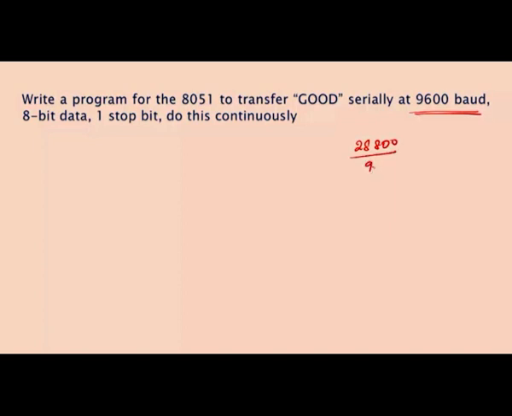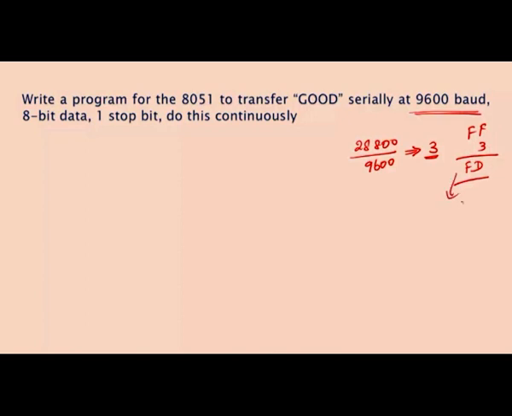This value divided by 9,600 gives 3. The 3 should be subtracted from FF. Repeat, FF minus 3 gives the value FD, that is F, E and D. So 3 values are reduced and you get the value FD.